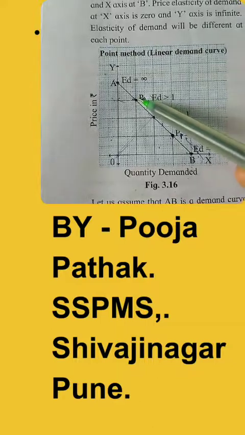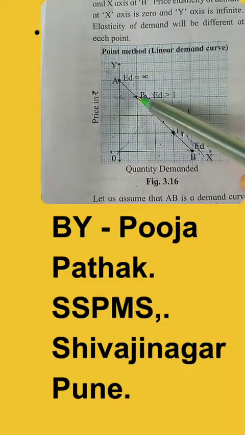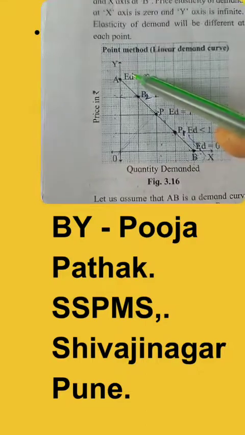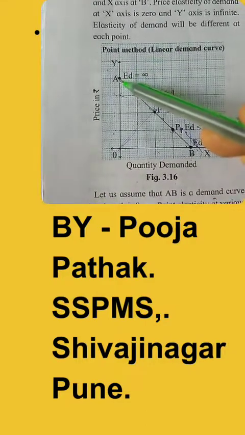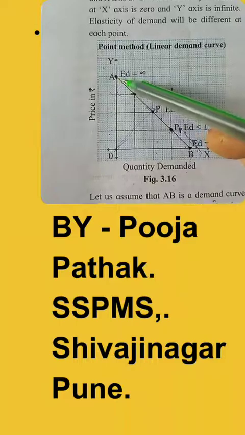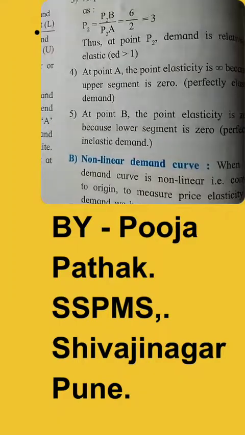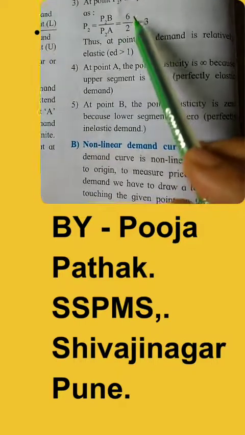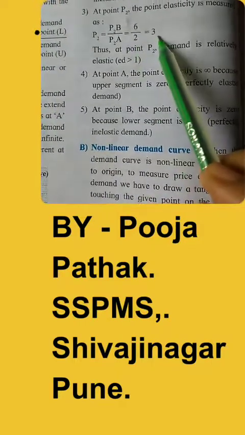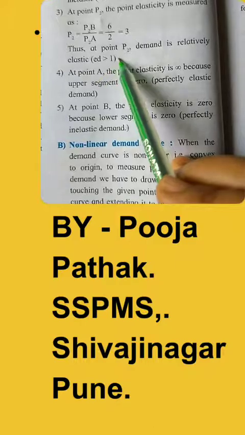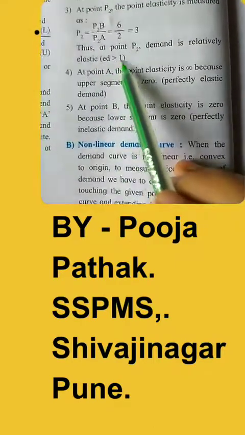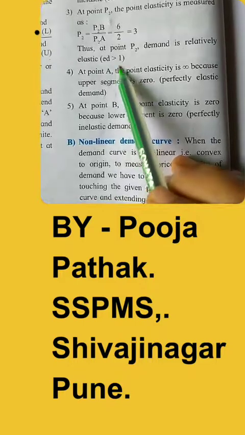If you are giving a point over here, the lower segment will be P2B and the upper segment will be P2A. So ED at P2 is equal to P2B divided by P2A, that is 6 centimeters divided by 2 centimeters, which is 3. Thus at point P2, demand is relatively elastic, so ED will be greater than 1.